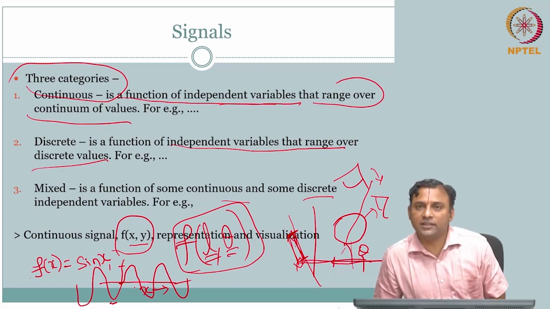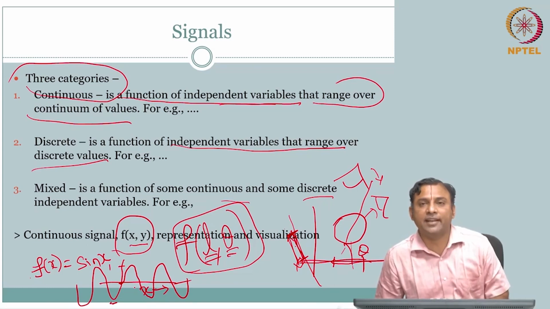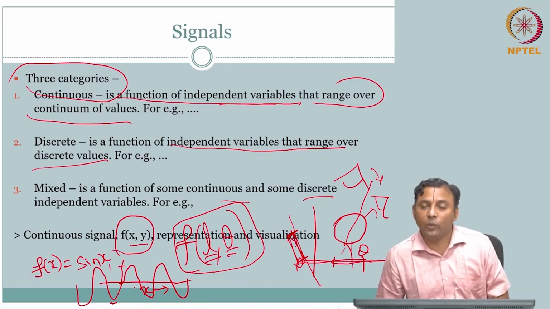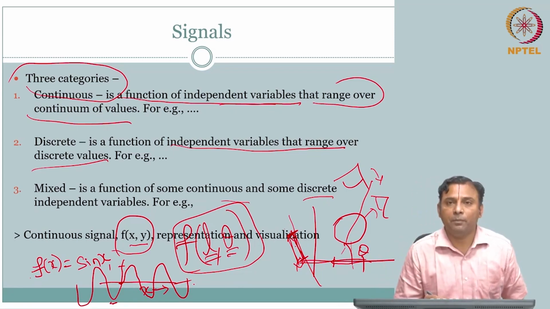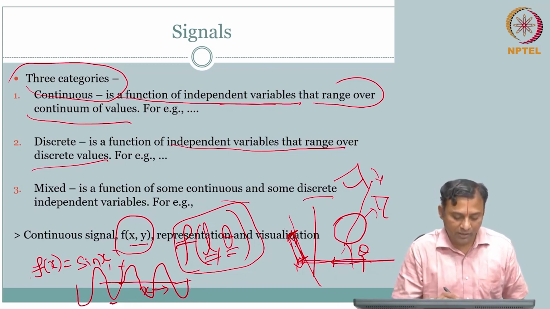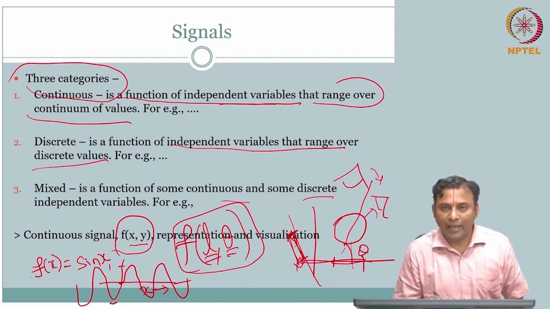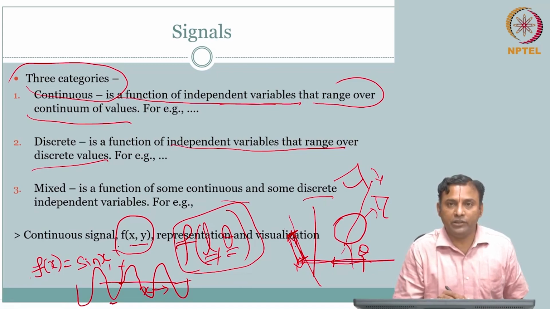In order to visualize this, what did I do? I've used the plane of the screen, but the plane of the screen is 2 dimensions. Why? Because when we defined one dimension, we said it is one independent variable and that forms one axis. But then the value forms the other axis. So when I have one independent variable, I am using another dimension for visualization or representation. So I need a 2D plane to represent or visualize it.